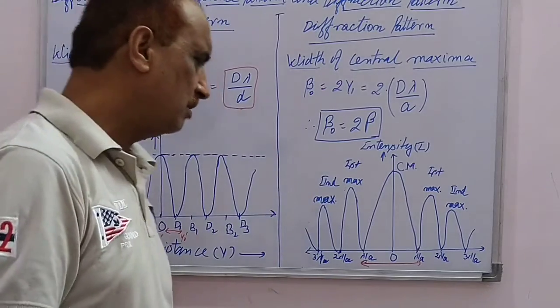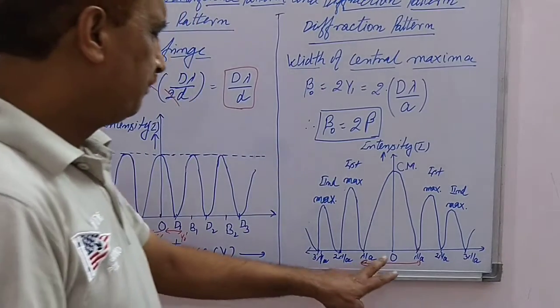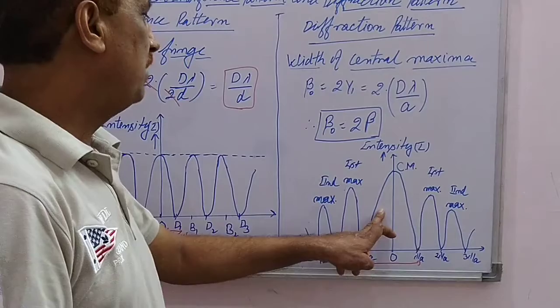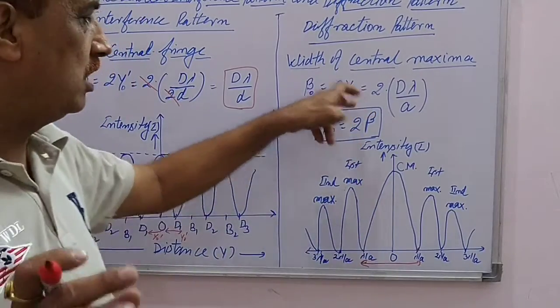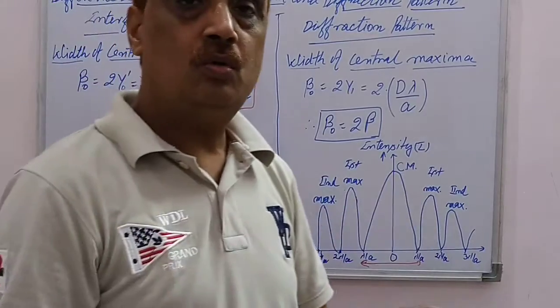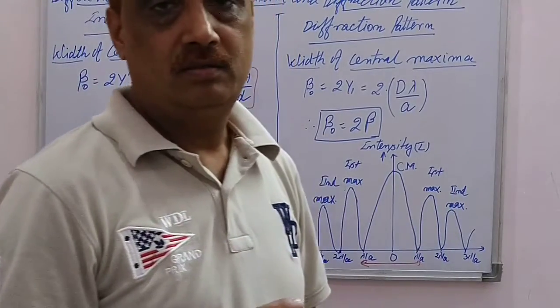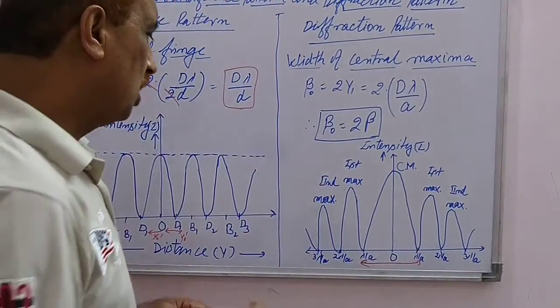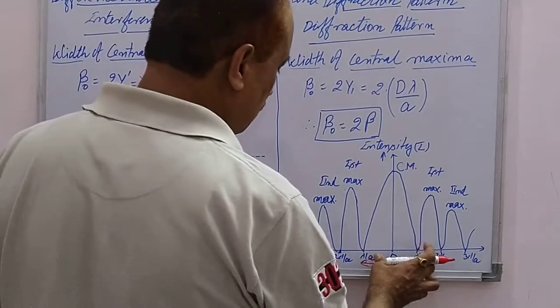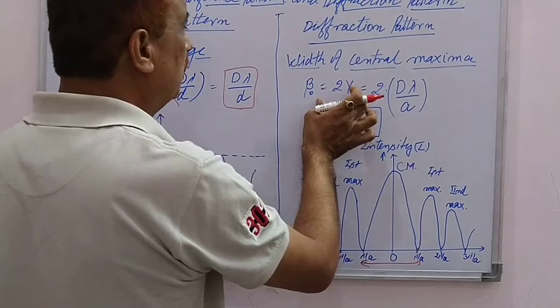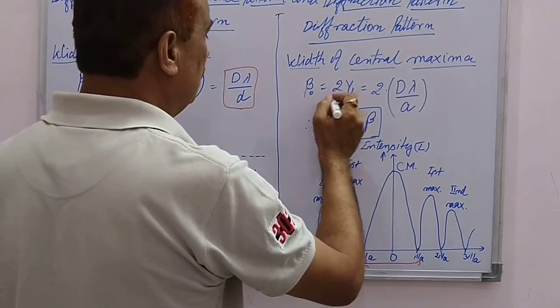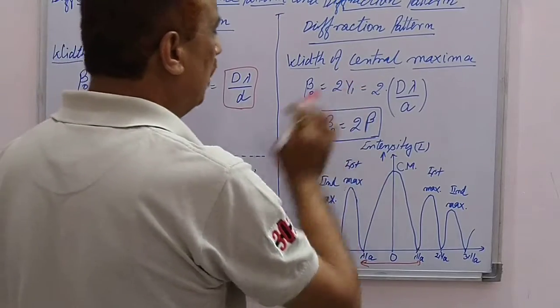So beta naught is equal to 2y1, again the spacing between the two central minima. The spacing between the successive two minima on the left side and right side is equal to the width of the central maxima, beta naught equal to 2y1.